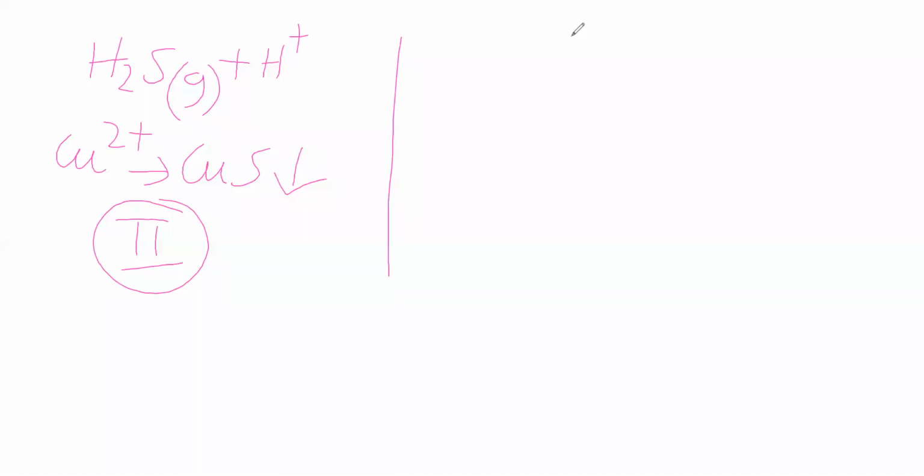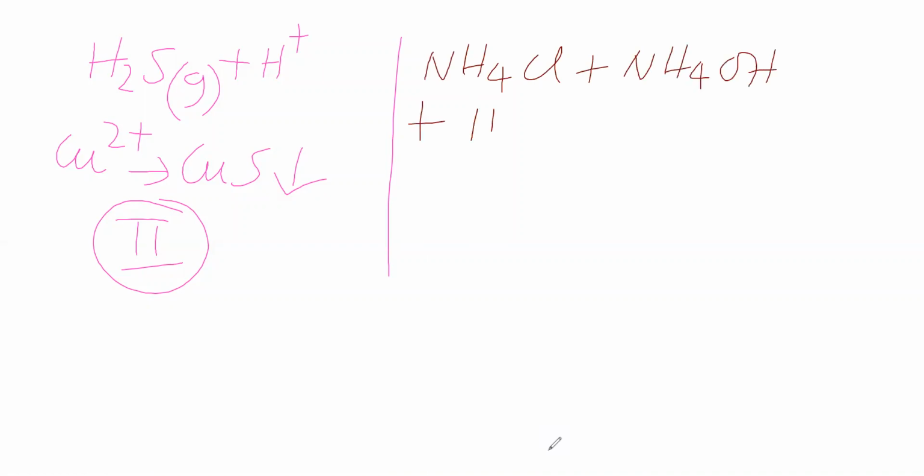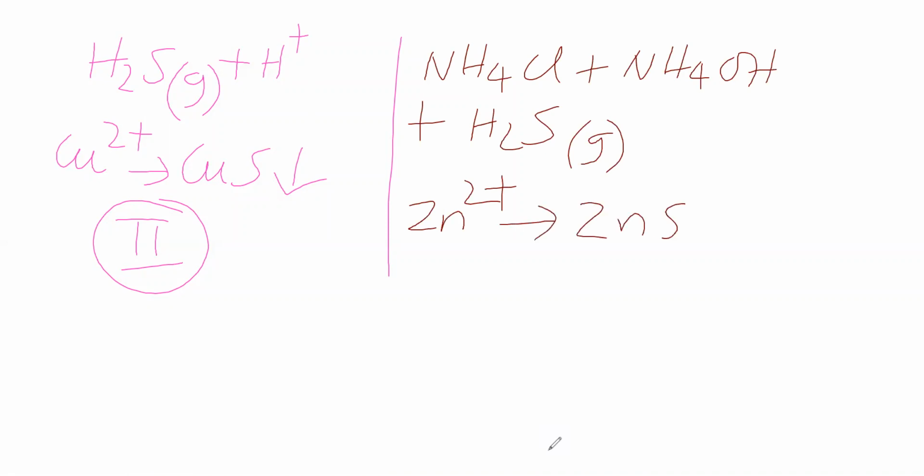Now we will go for group 4 separation. In group 4 separation, the group reagent is ammonium chloride, ammonium hydroxide and H2S gas. Group 4 cations precipitate as sulfide.